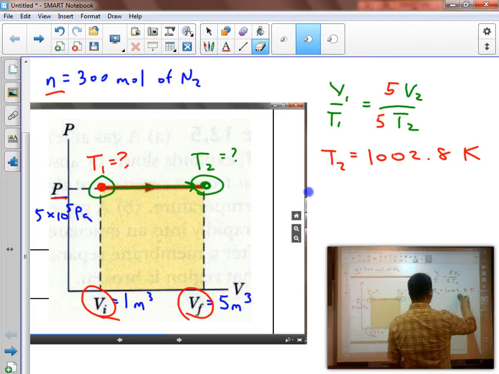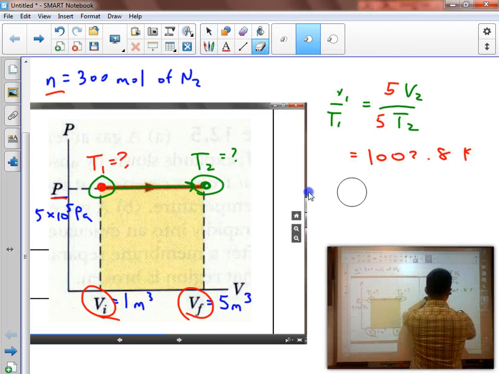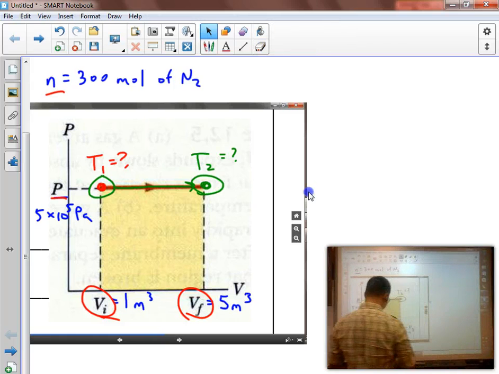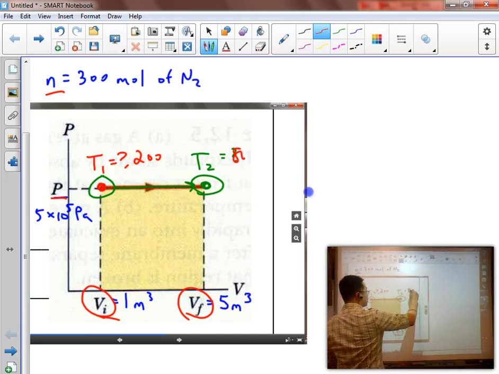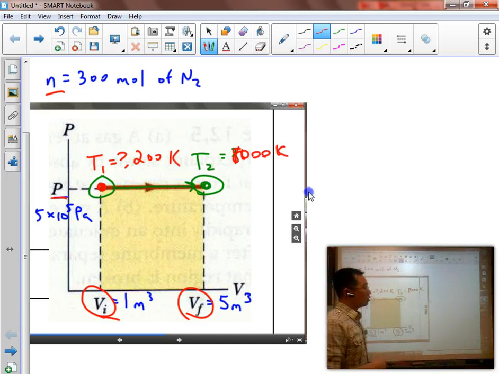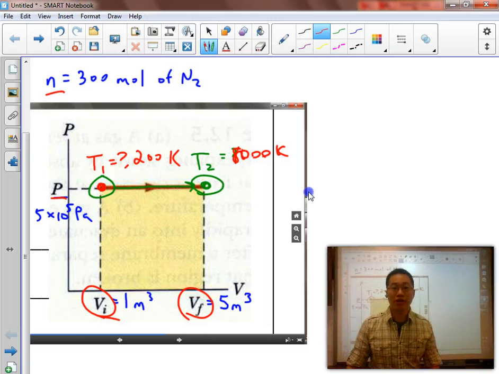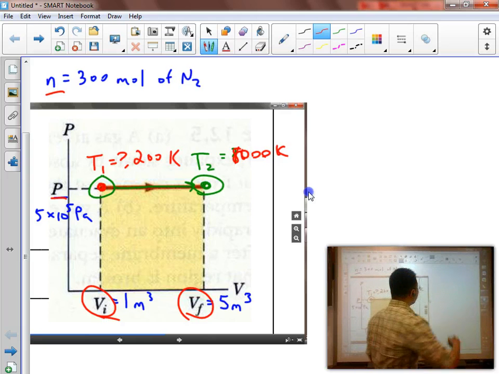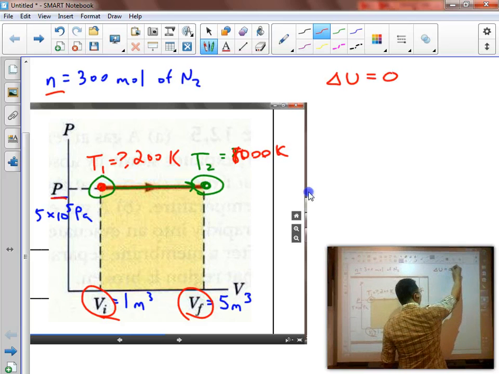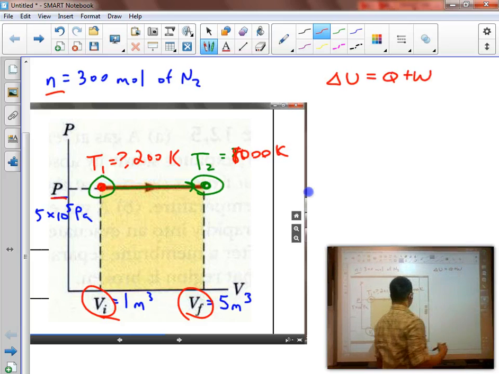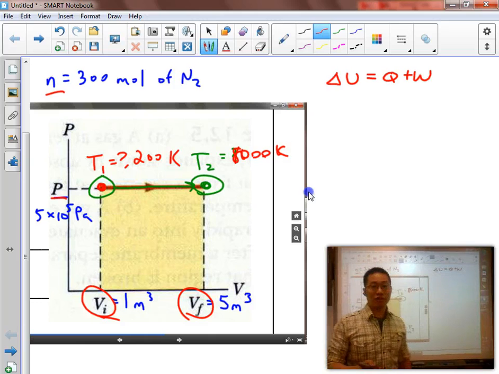Now, after we solve for the temperature at each location, I'm just going to round it right now to 200 and 1,000. There's one other piece of information I can solve for, and that's what was the actual change in the internal energy of the gas. Now, when I say internal energy, that's of course delta U. We can't quite use delta U equals Q plus W yet.